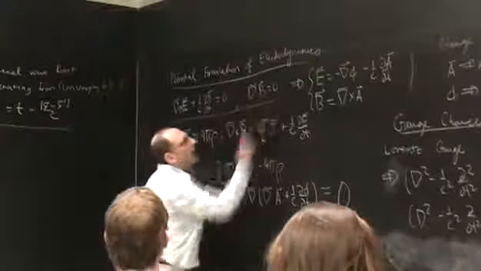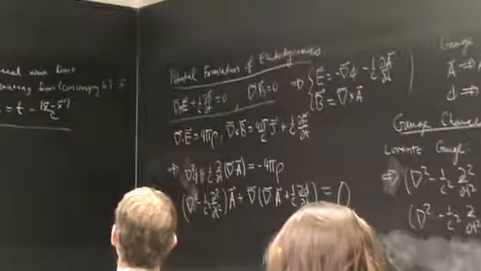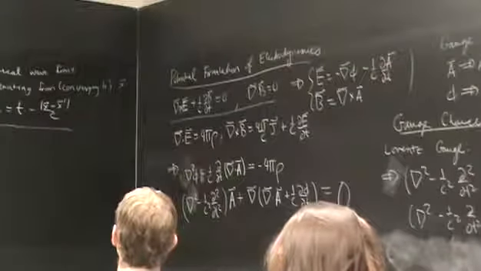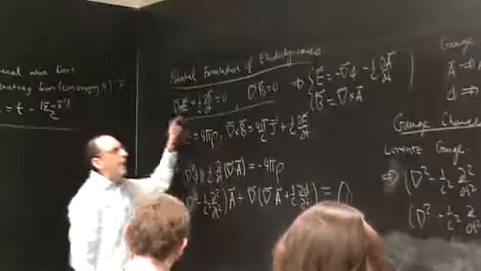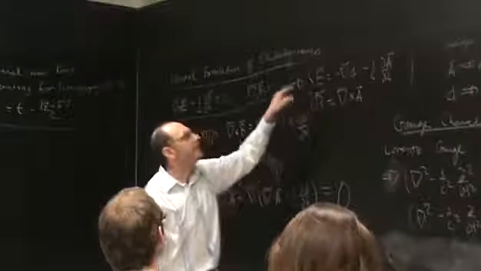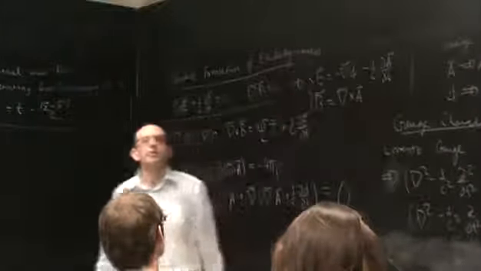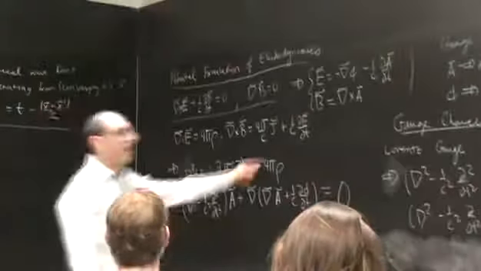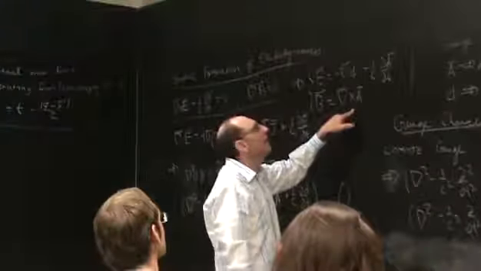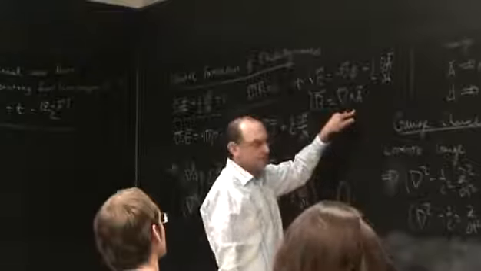So these are the equations, Maxwell's equations without the sources. They are the ones that determine the relationships between the fields and the potentials. And these equations we see have gauge invariance.